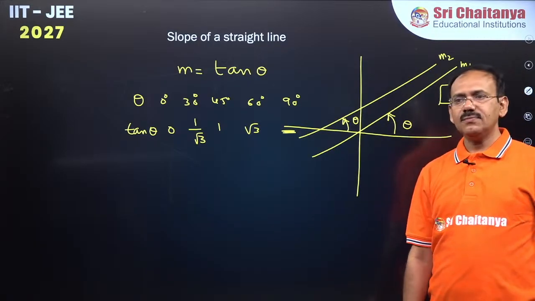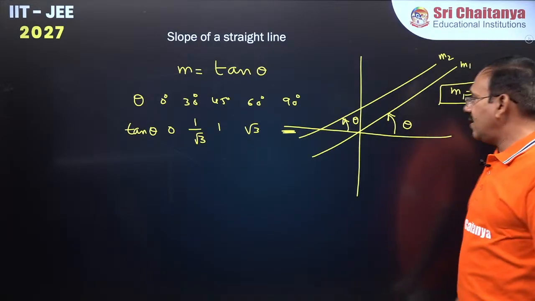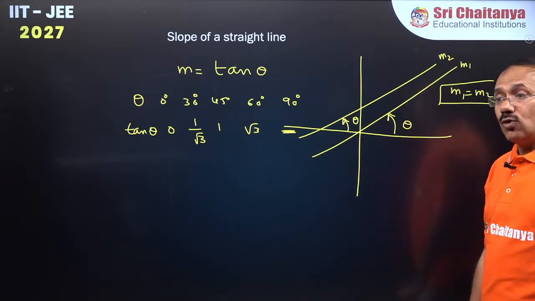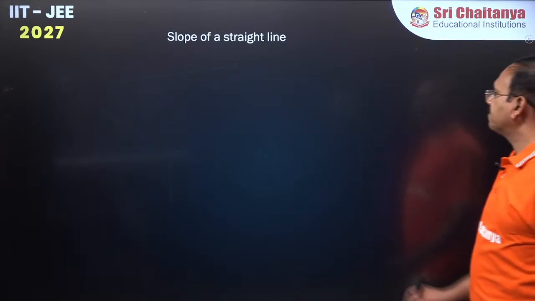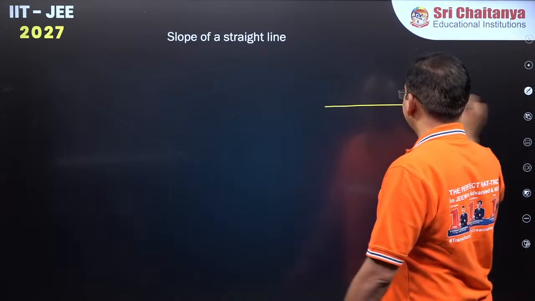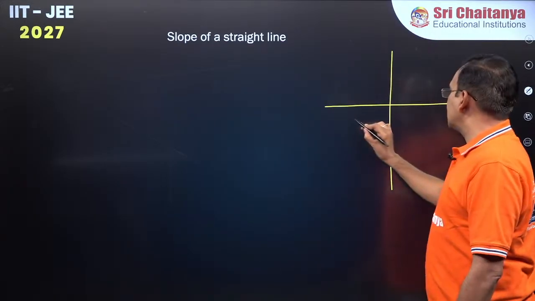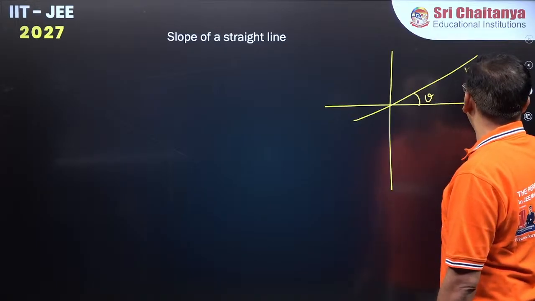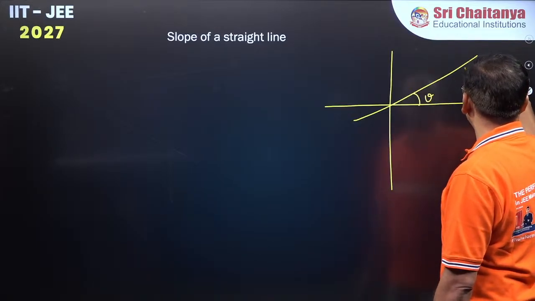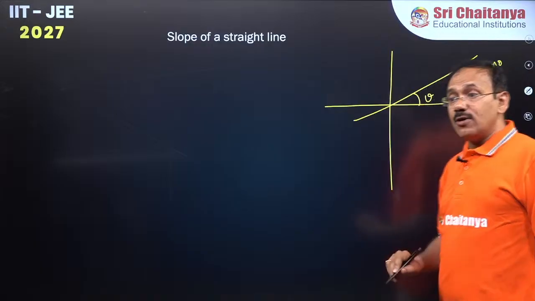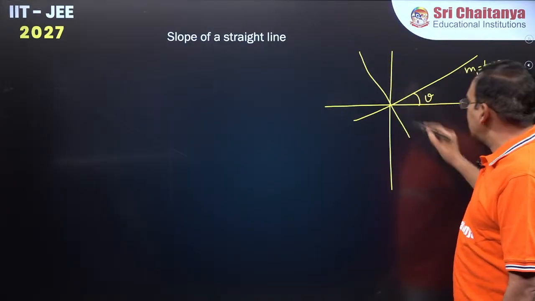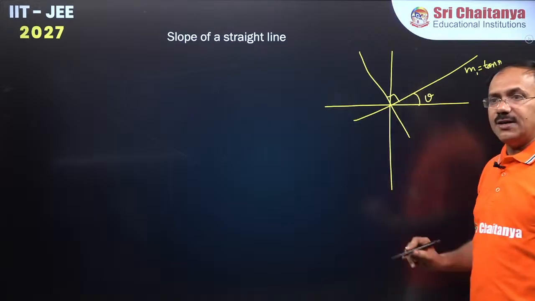Then if two lines are perpendicular, suppose this is the first line which makes an inclination theta here, its slope m1 is equal to tan theta. Suppose there is another line which is perpendicular to this, let this angle be 90.